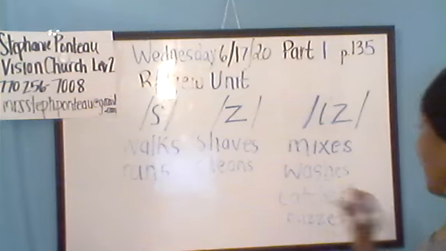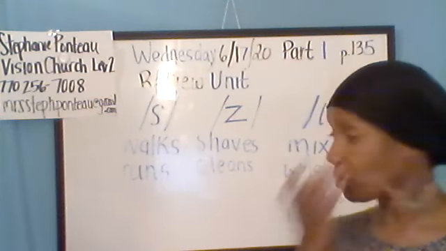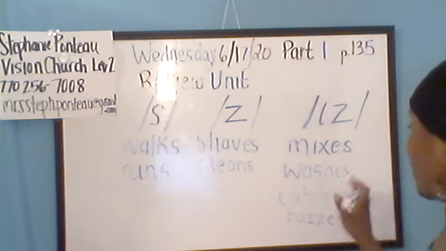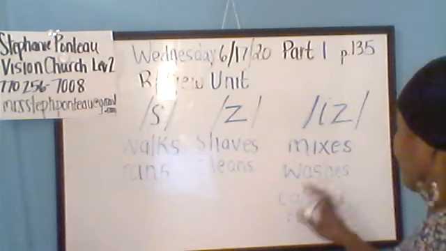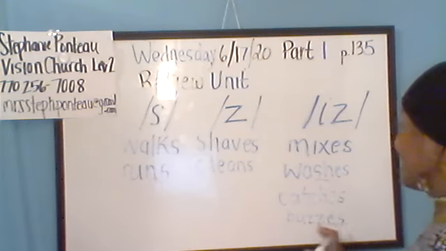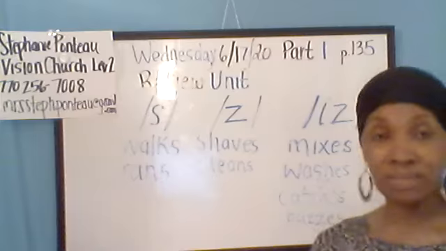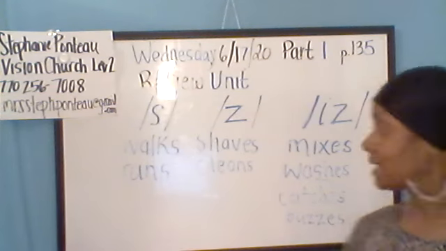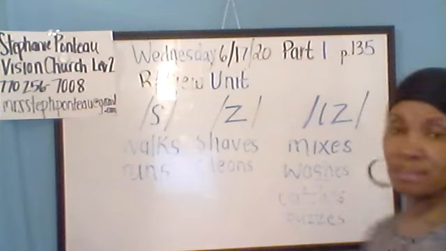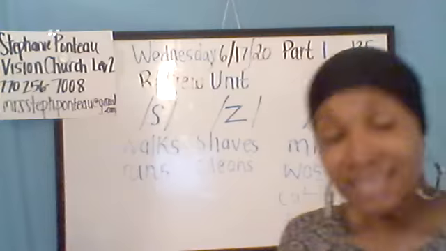So there may be exceptions, there's always exceptions to a rule, but this is a good starting point for you. Words that end in SH, CH, Z, or words that have an S sound. It doesn't end in S, but has an S sound, like mix.